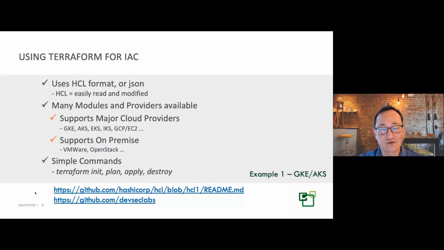In the case of Terraform, there are many modules and providers available for all cloud providers and even on-prem deployments as well. And it's very simple to use Terraform to initialize infrastructure and then apply, which is to actually deploy the infrastructure, and then to remove it.